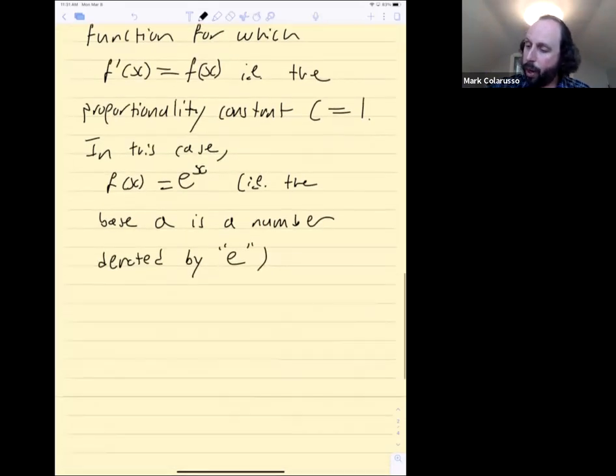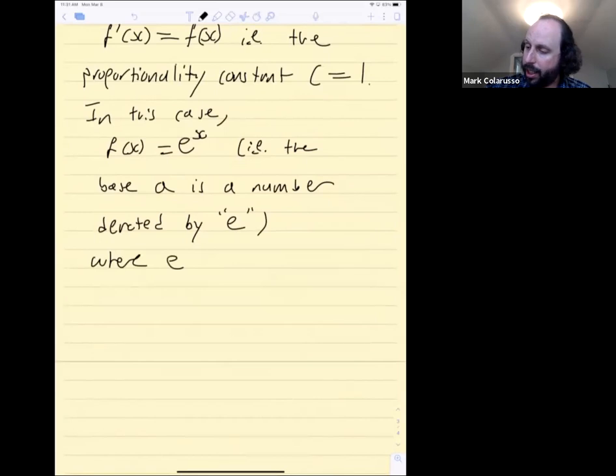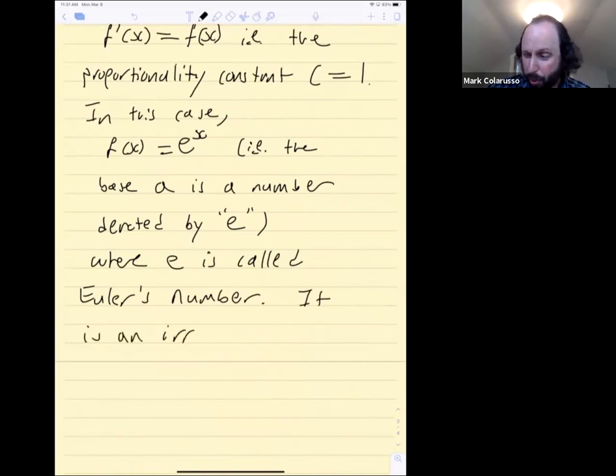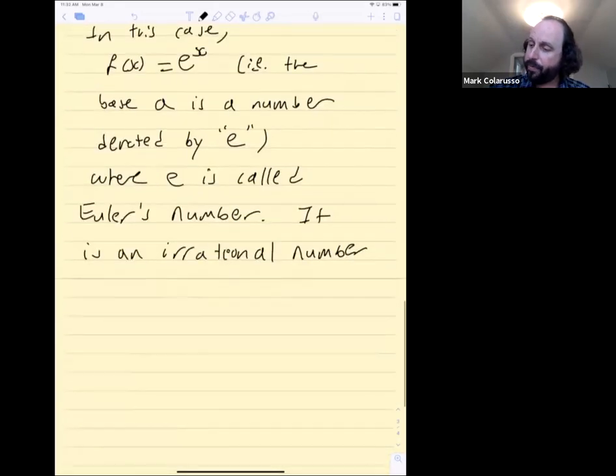Okay, e is called Euler's number because it was discovered by a Swiss mathematician, Euler. It is an irrational number. So this is a weird number, which is approximately equal to 2.7581.